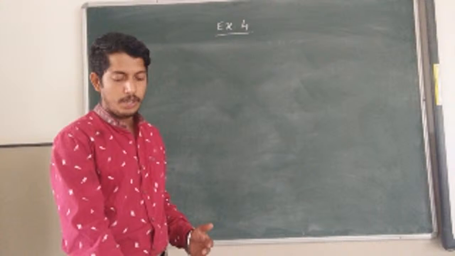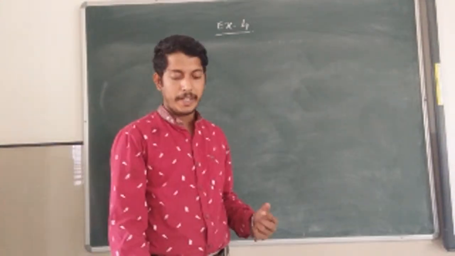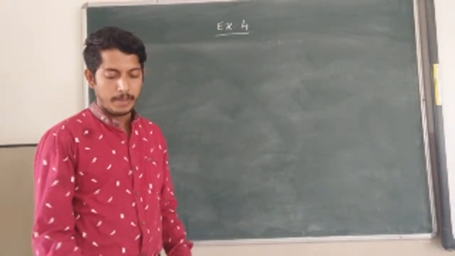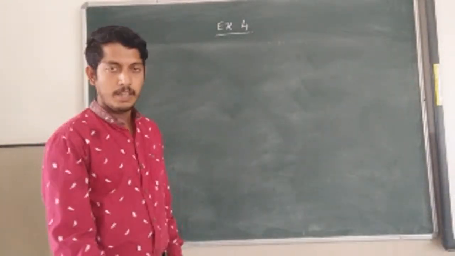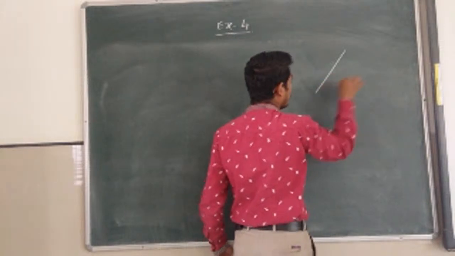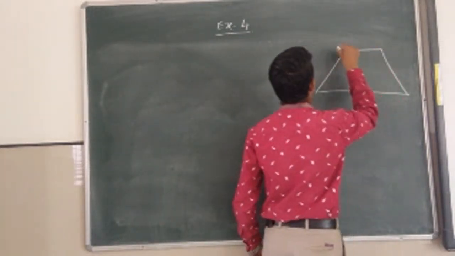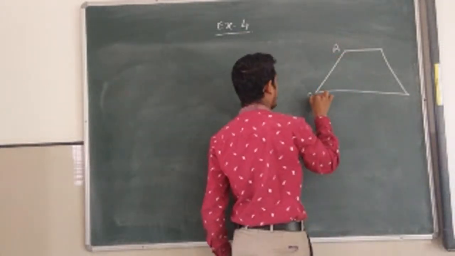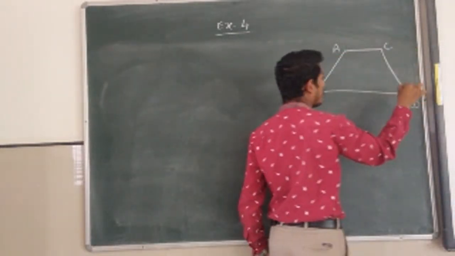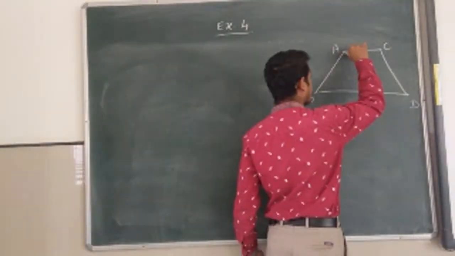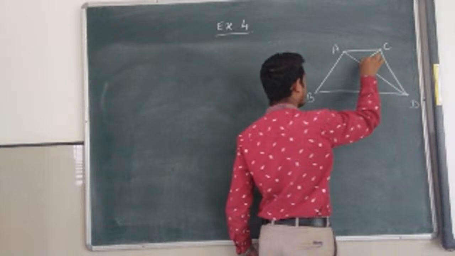If AD intersects BC at point O, show that area of triangle ABC divided by area of triangle DBC is equal to AO divided by DO. So again, one trapezium is given, ABCD, and then the diagonal is given.